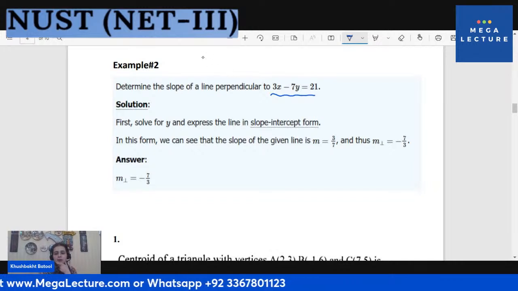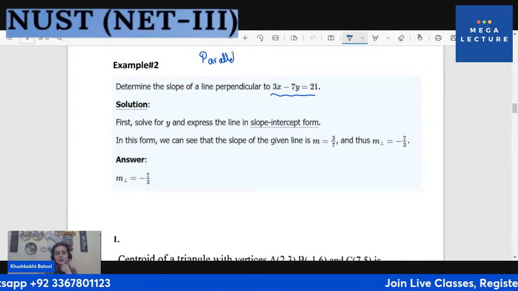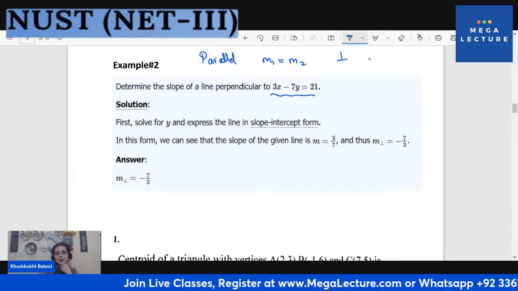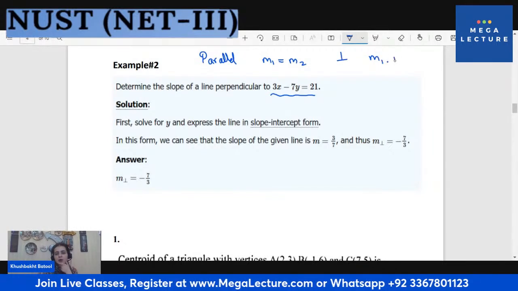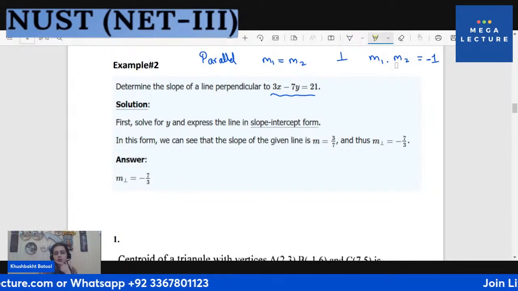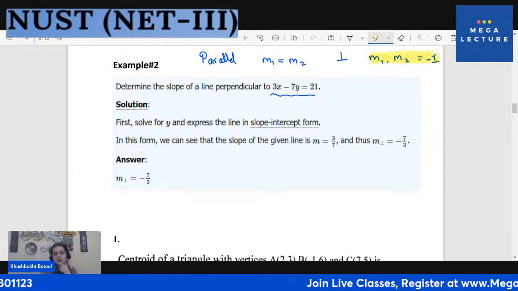One thing should be clear: if two lines are parallel, their slopes would be equal. If two lines are perpendicular, then the product of their slopes is going to be minus 1. This is something which you need to keep in account. This is something that is mandatory and you have to understand this concept.